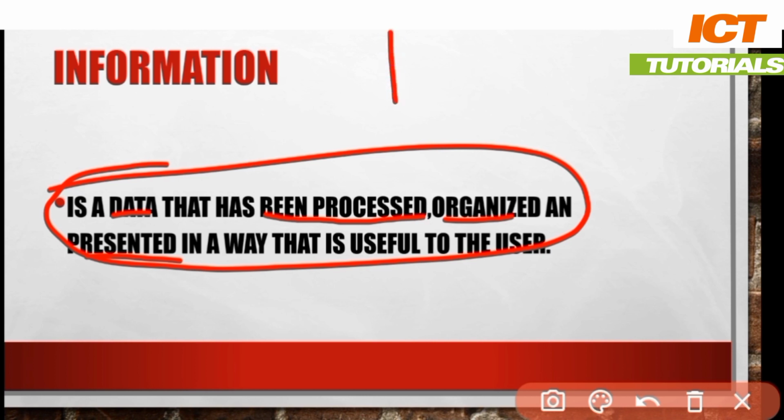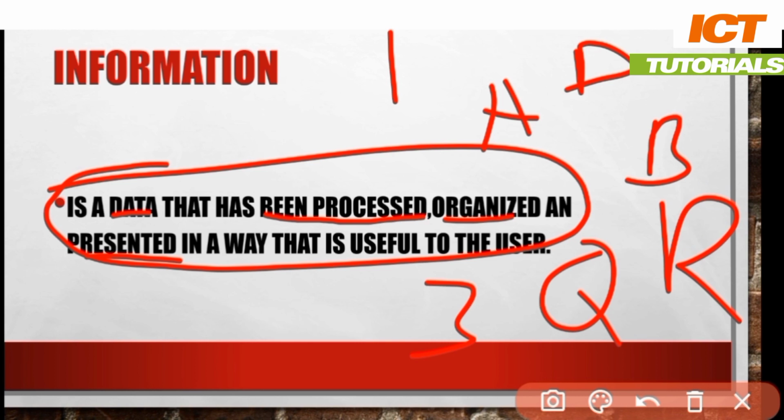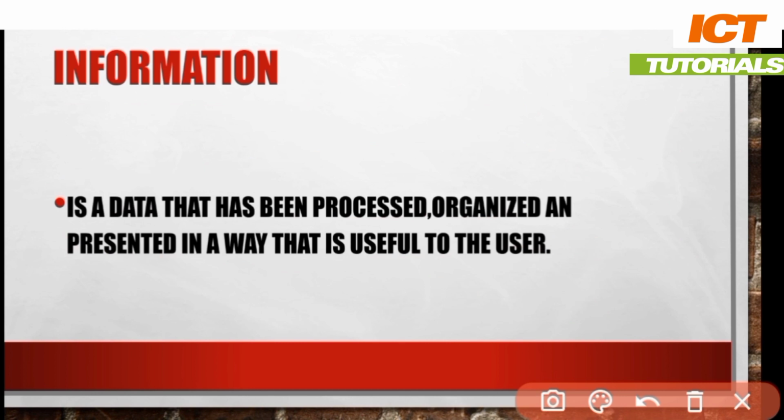But when I write I, D, A, P, 3, Q, R, they have no meaning to the user. But when they get processed and then organized in a way like I and F, to produce information, they become useful to the user, and that is what we call information according to information communication technology.